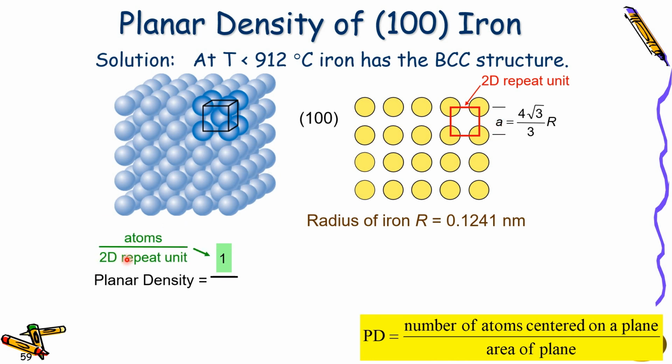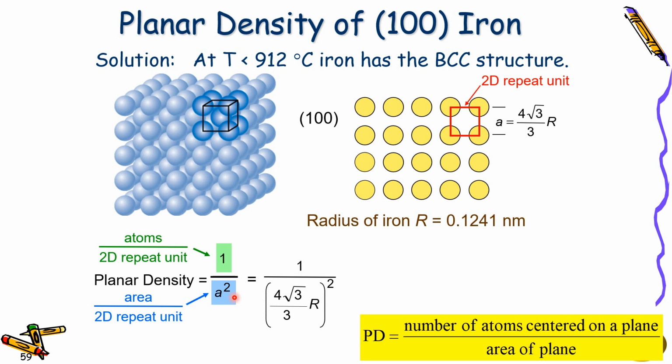Atoms per repeat unit, and a squared is the edge length squared, the area. So if you put r here into this place, you'll get something like this. And after you put the number 0.1241 nanometer here, you get this number, 12.1 atoms per square nanometer.